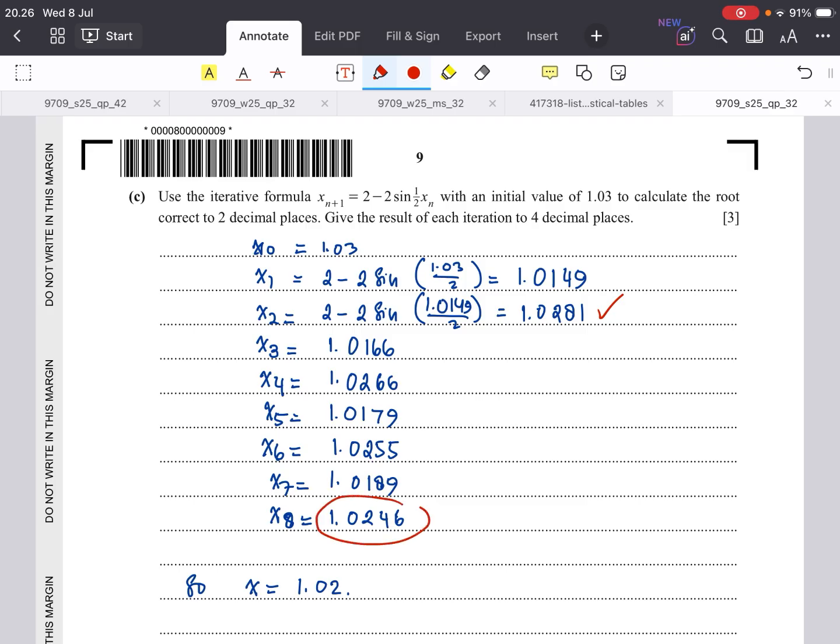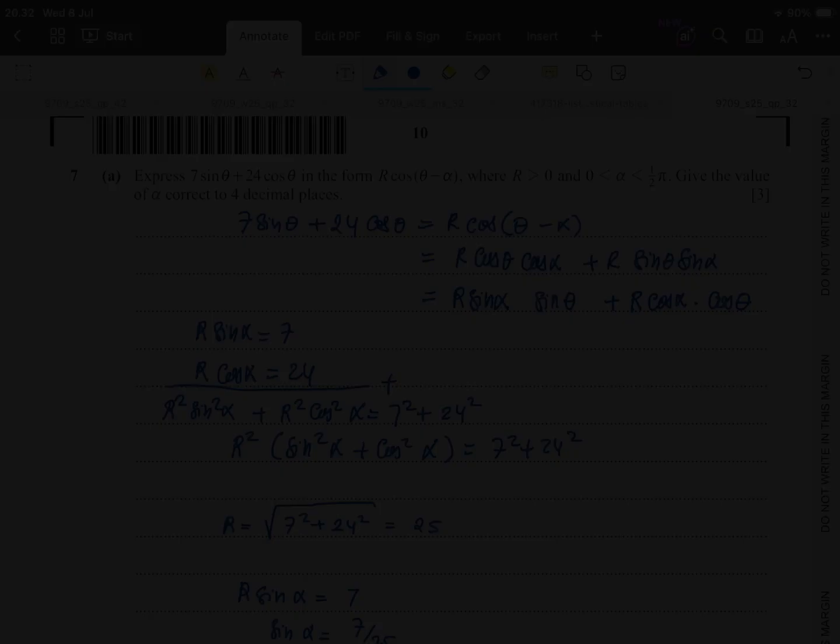So I stop here because x7, if we round it off to 2 decimal places, will be 1.02. x8 also 1.02 if we round it off to 2 decimal places. So we can conclude that the value of x is 1.02.